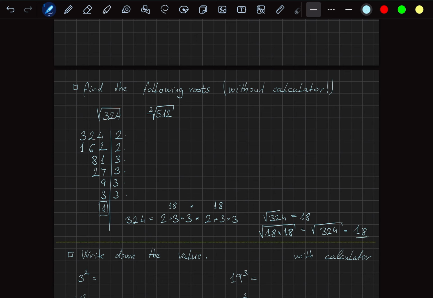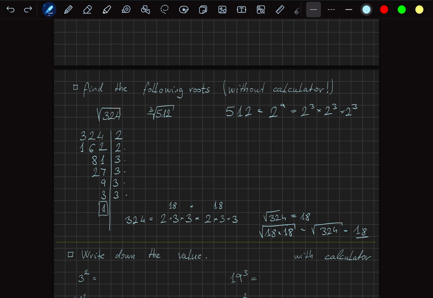Okay, and the same with the 512. 512 equals 2 to the power 9. Okay, so it's 2 to the power 3 times 2 to the power 3 times 2 to the power 3. 1024 is 2 to the power 10, and this is half of 1024, so I just divided by 2.